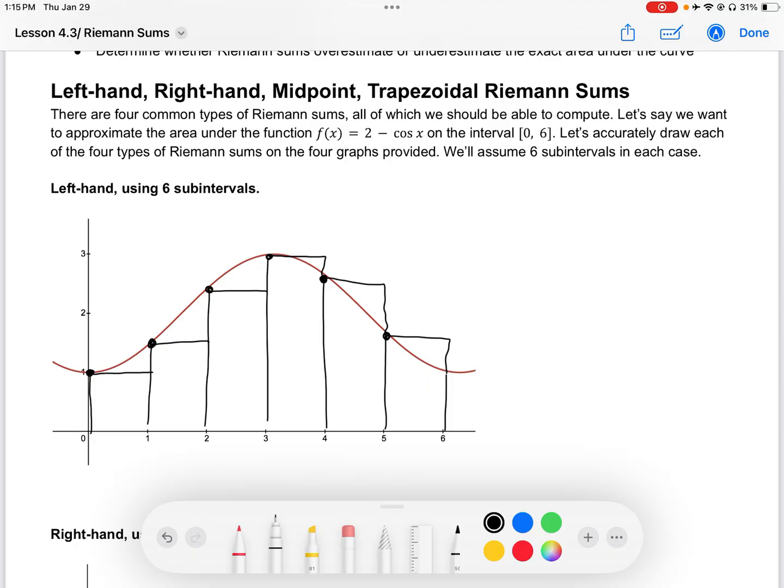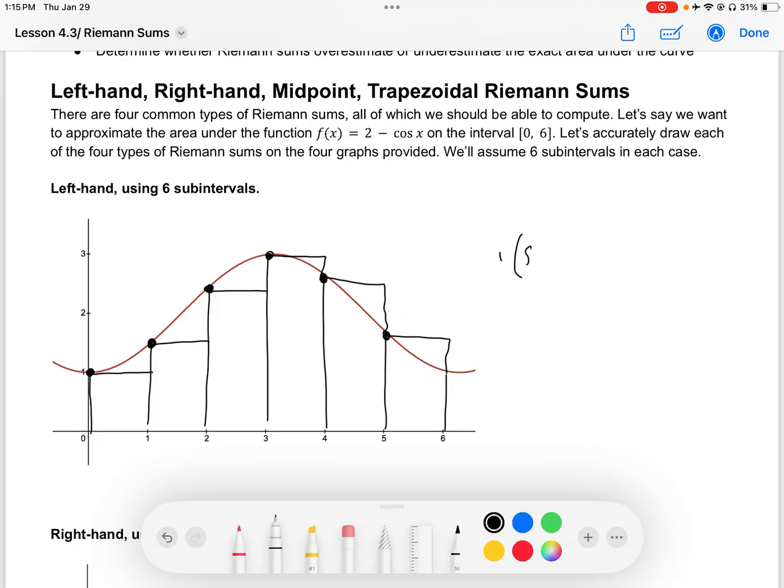Well, each rectangle has the same width, which is nice. That's not always true. Sometimes we're given problems where it's not the same width, but in this case, it's all the same width, which is 1. And so we can just do 1 times each one of our heights. Now, our heights are found by f of 0, f of 1, f of 2, f of 3, f of 4, and f of 5.